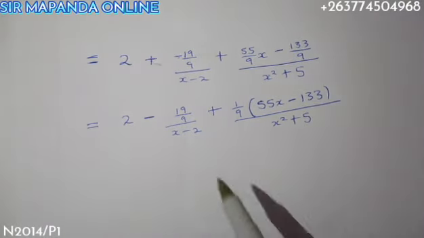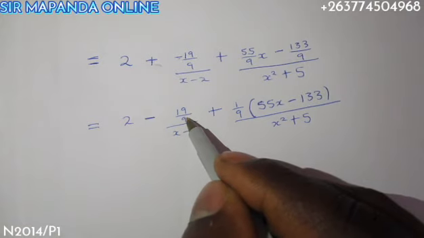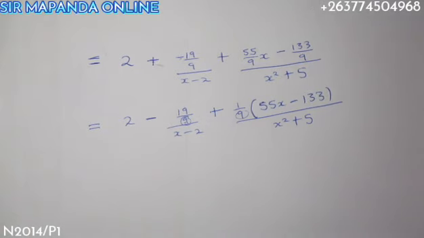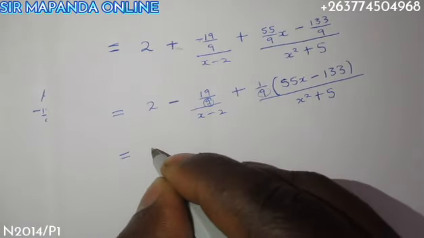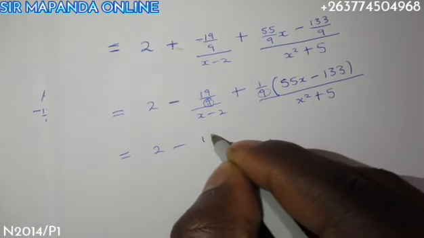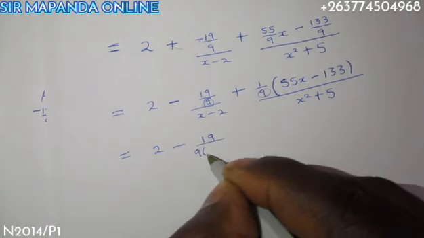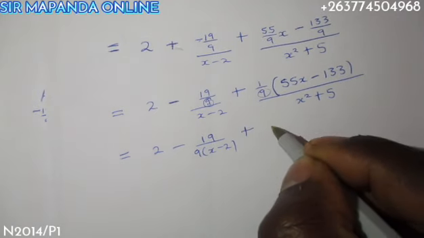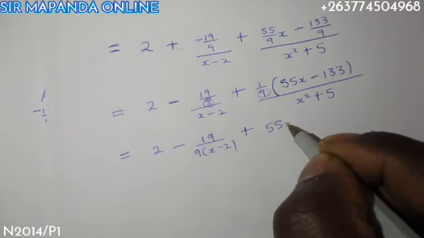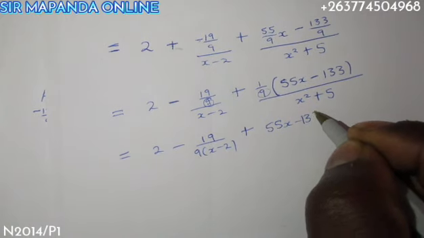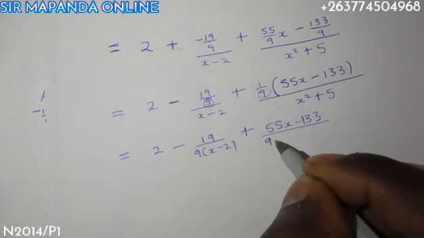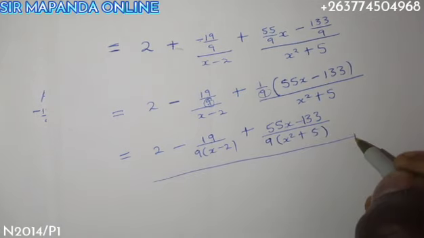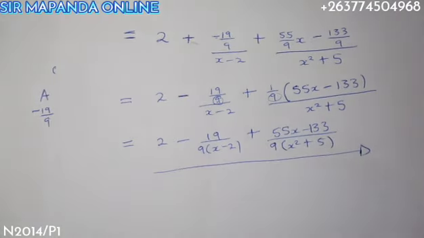So the denominators 9 and 9 can be brought down. It means your final answer becomes 2 minus 19 over 9 open bracket x minus 2 plus 55x minus 133 over 9 open bracket x squared plus 5. So this is your final answer.